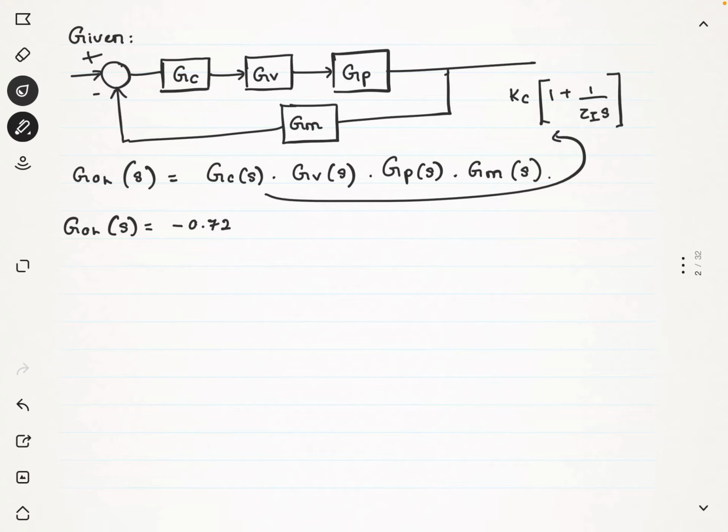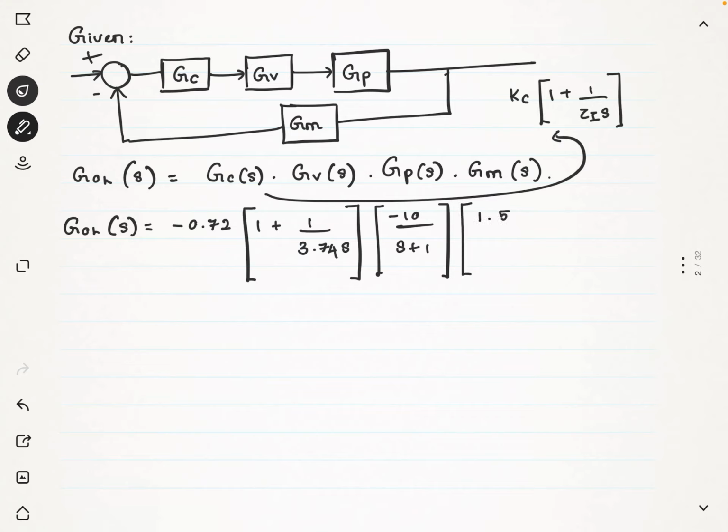So Kc and tau I have been given in the question, so I'm substituting them directly. 1 plus 1 by 3.74 s, and then the valve transfer function minus 10 by s plus 1, and then the process transfer function 1.5 by 10s plus 1, and then I'll write the delay part separately so that it will be easier for us to calculate. Yeah, so this will be our open loop transfer function in the s domain.